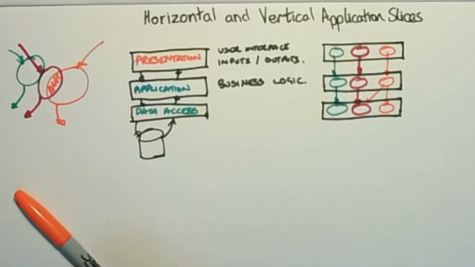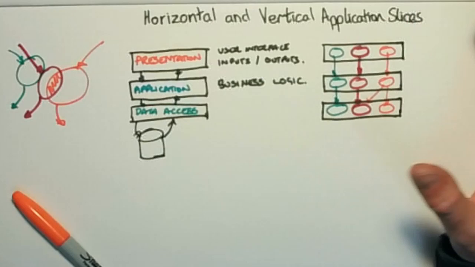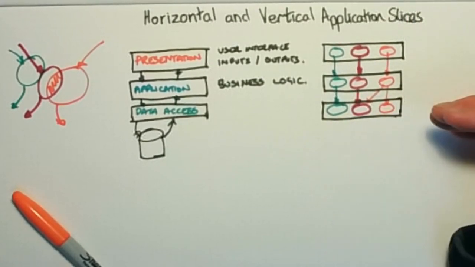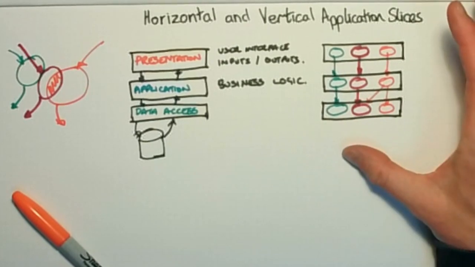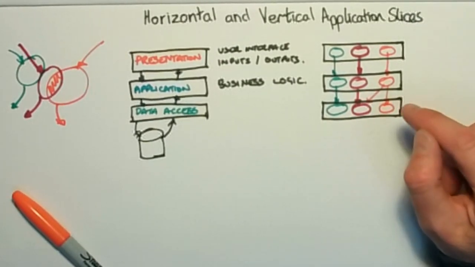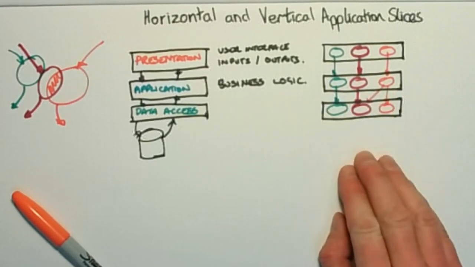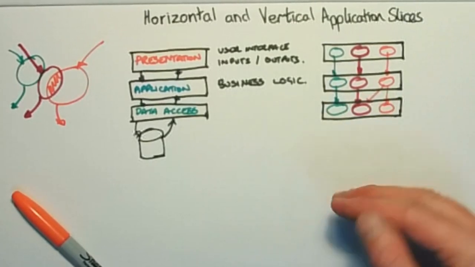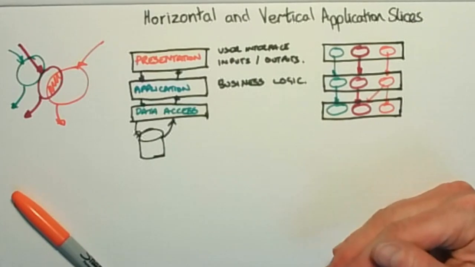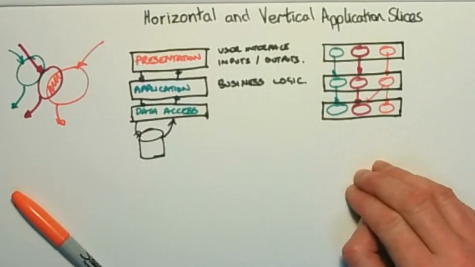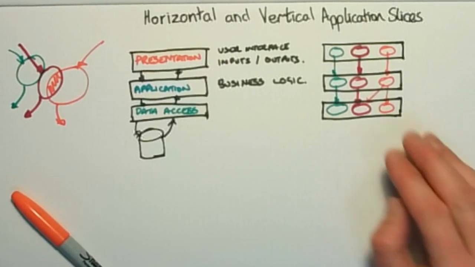Now, when you start talking about applications and application slices and layers and monolithic applications, some of this architecture you will find will create a lot of repetition, a lot of boilerplate code that is very similar across all of these functions and all of these layers.